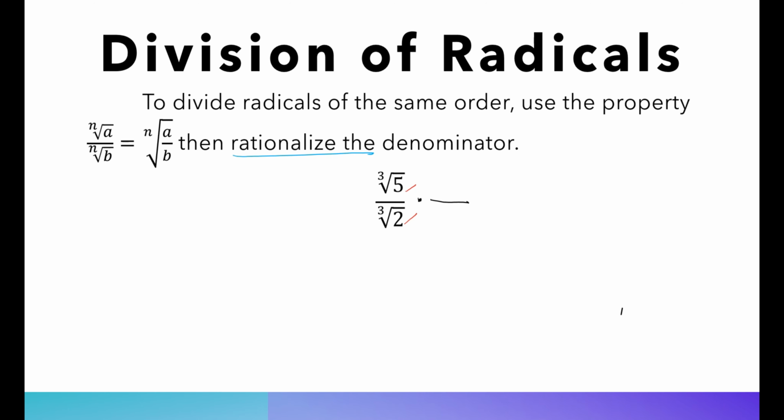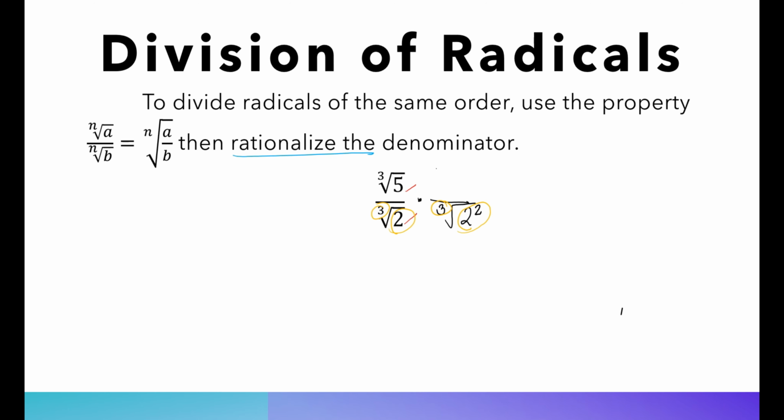That radical expression is the cube root of 2 squared, because the radicand 2 squared when multiplied by another 2 would make it equal to 2 cubed, and 2 cubed has an exponent of 3, and we also have an index equal to 3, so that would eliminate the radical sign in the denominator.